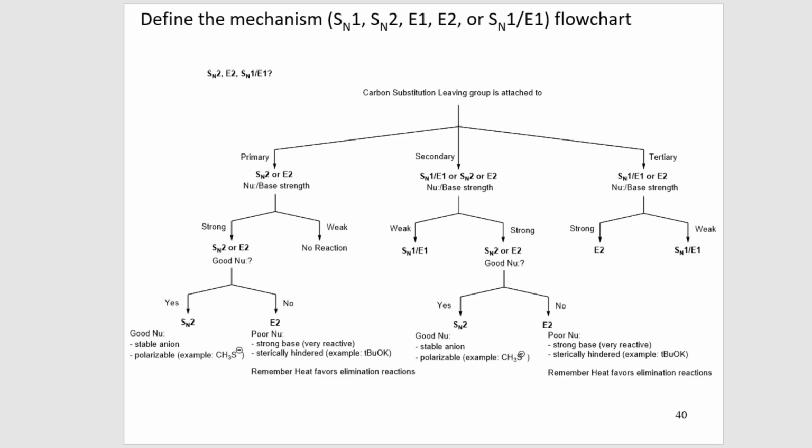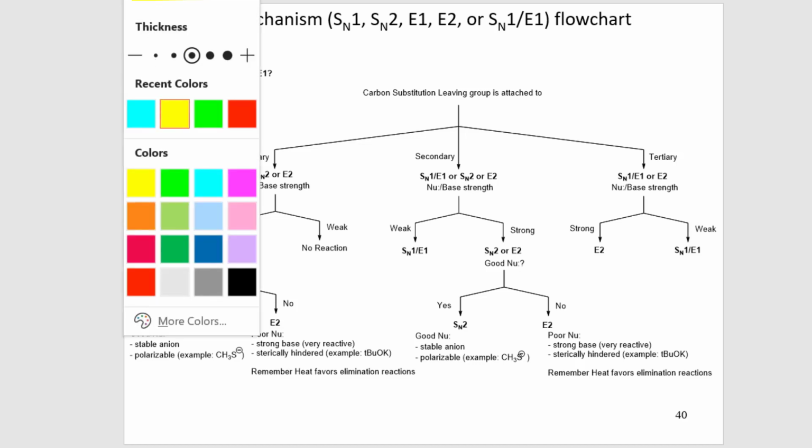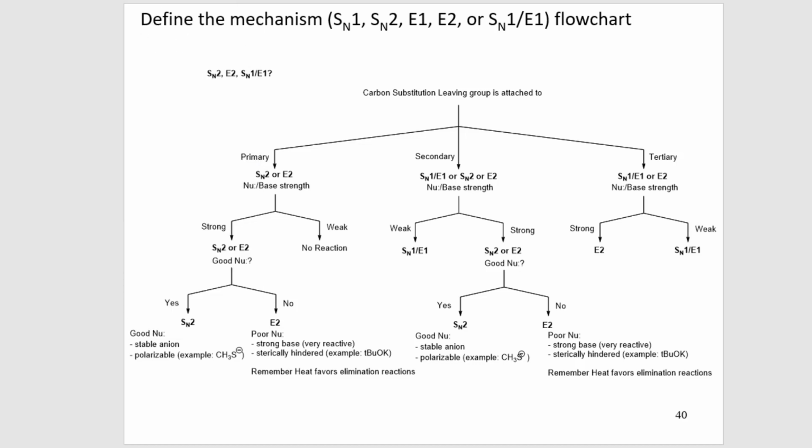Another handy chart, in case you want to understand sort of a process, this is a little bit more detailed, and it goes through step by step what you should look for. So, if you're looking at your electrophile first, is it primary, secondary, or tertiary? Then once you identify, let's say it's tertiary, then you're like, okay, well, it could be SN1, E1, or E2.